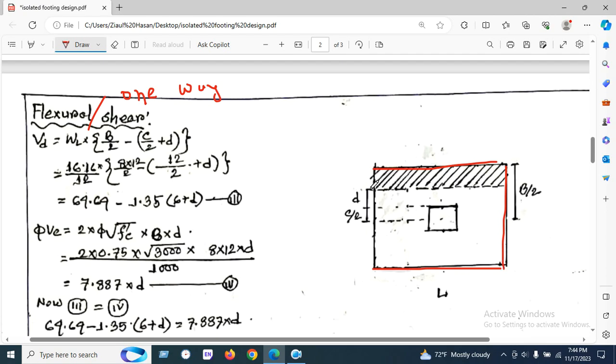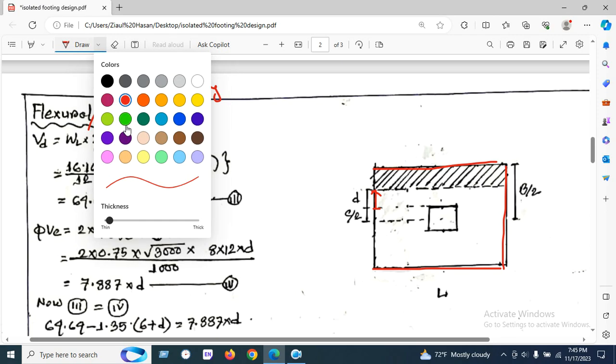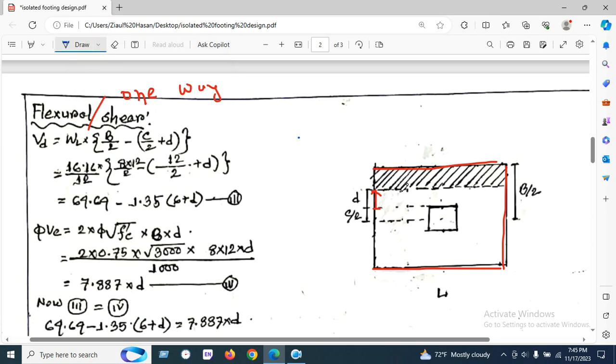The flexural shear or one-way shear occurs at a distance of D from the face of the footing. This is a very important note: flexural shear occurs at a distance of D from the face of the footing.